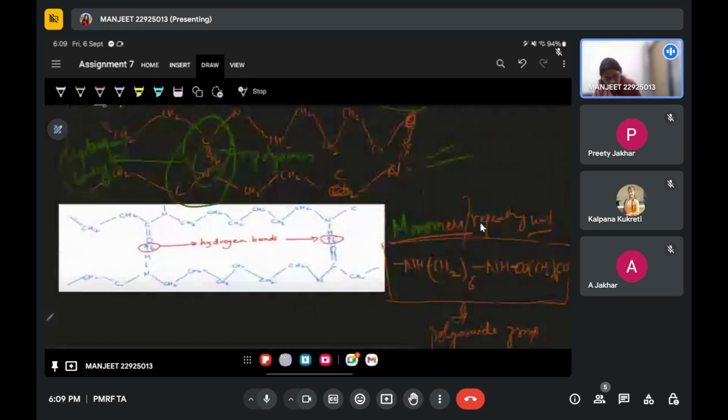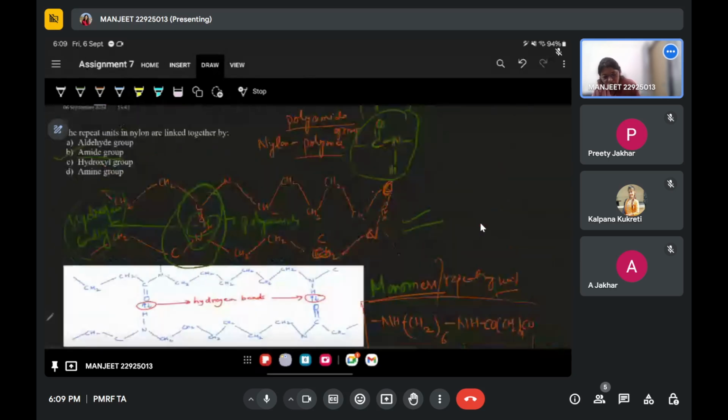Okay, so the repeating monomer belongs to the amide group.